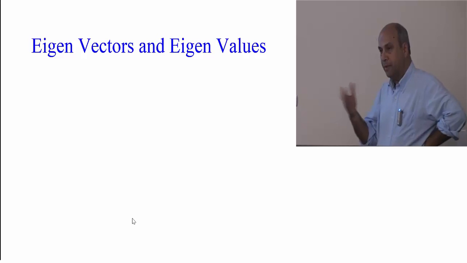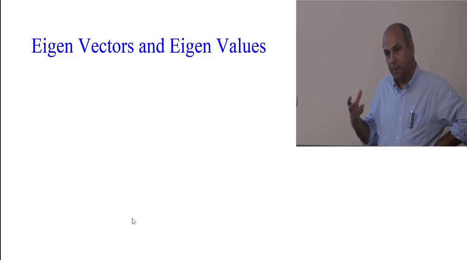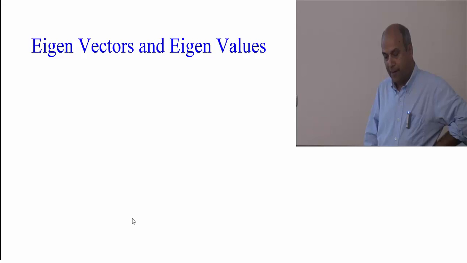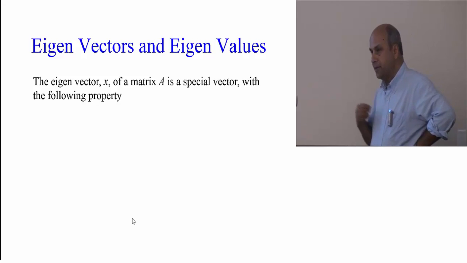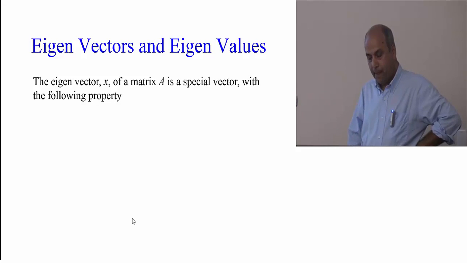Let's talk about eigenvalues, maybe some people have a problem with them. Eigenvalues are, again, a very simple concept, and very, very useful. So, eigenvalues, eigenvectors. Simply, an eigenvector is a special vector: if you multiply that vector with the matrix, you get the vector back with a scalar, which is called the eigenvalue.